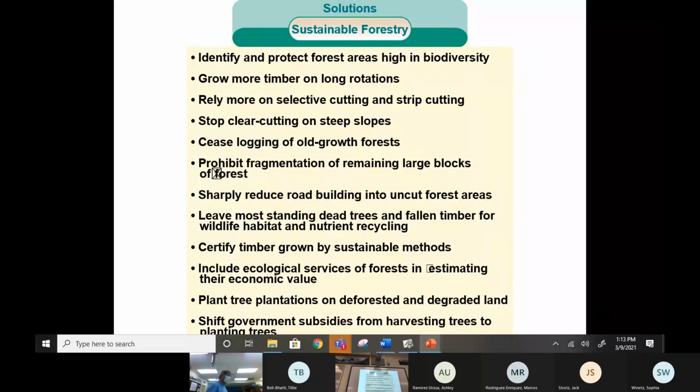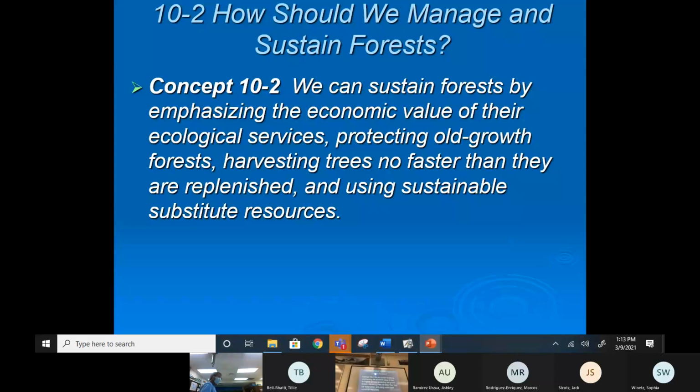Okay, this is the same list of sustainable solutions when it comes to forestry. And I'm going to leave you to go through that list on your own. So the next section, how should we manage forests? What should we do?